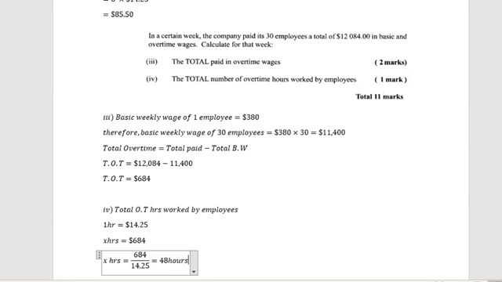So if we're now doing the reverse of that calculation, if they gave us the dollar amount, how can we find the total hours worked? Before, we multiplied to get the dollar amount; to get the hours worked, all we need to do is divide the dollar amount of $684 by $14.25, and you'll get the total amount of hours worked.